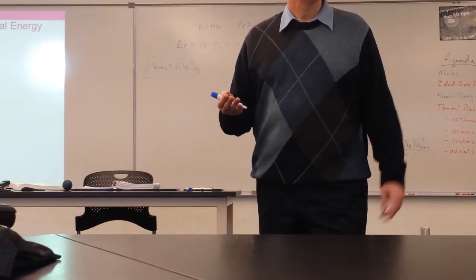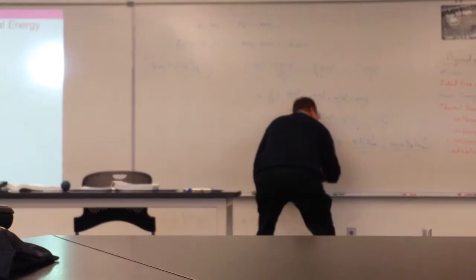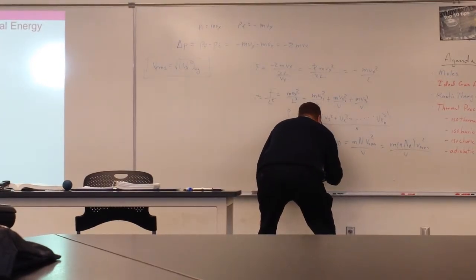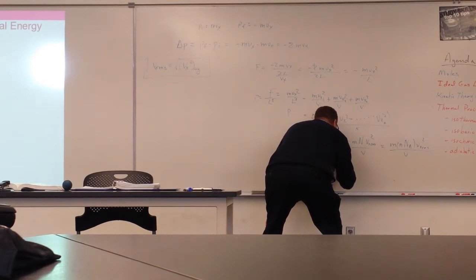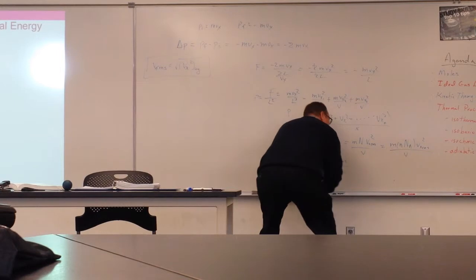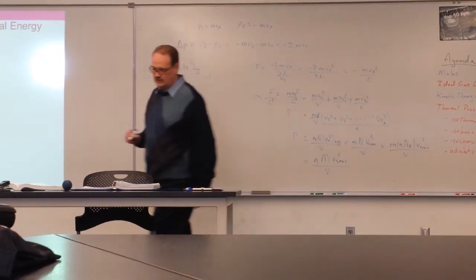That's the molar mass. So now I've got P is equal to the number of moles, capital N, times the molar mass times Vx RMS squared over the volume.